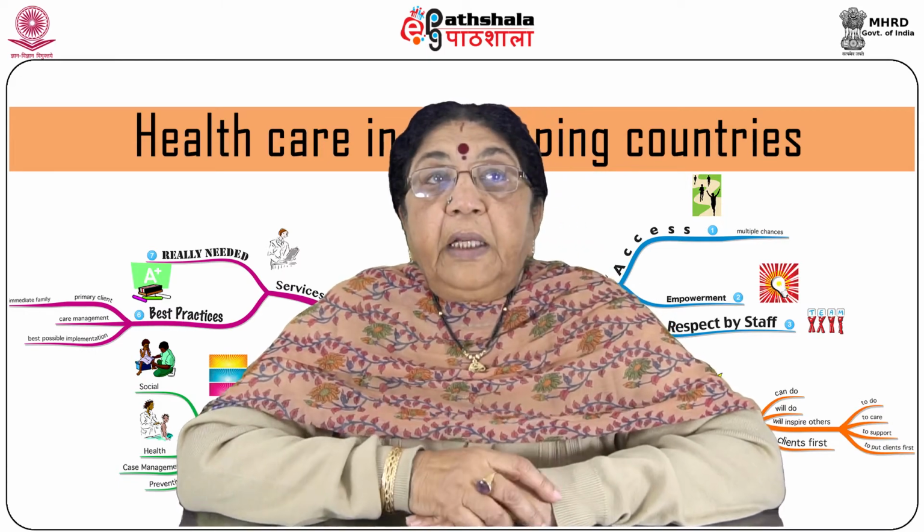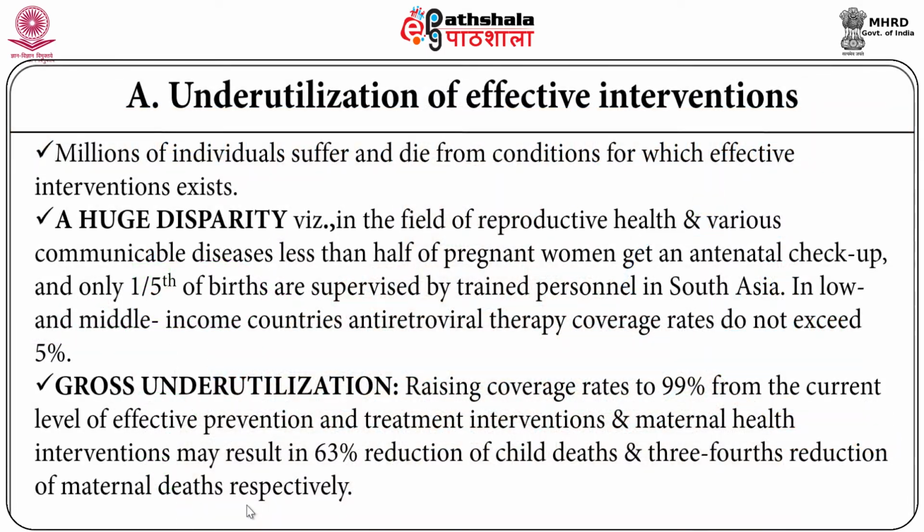And in the low and middle income countries, for example, antiretroviral therapy coverage rates do not exceed 5%, although the medicines are there. The workers are explaining, the workers are talking to the people, and yet people don't come forward for this particular disease, by which at least they could have a healthy, semi-healthy life and a prolonged life. Now, therefore, there is gross underutilization.